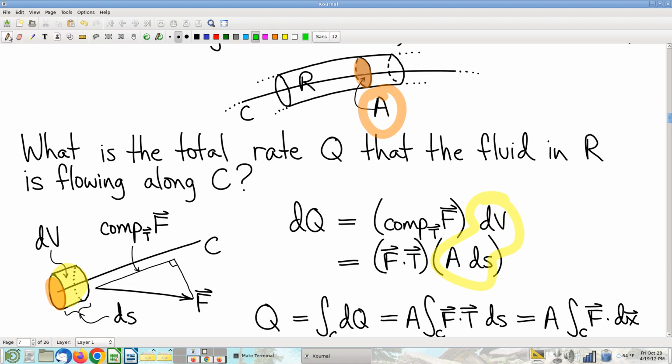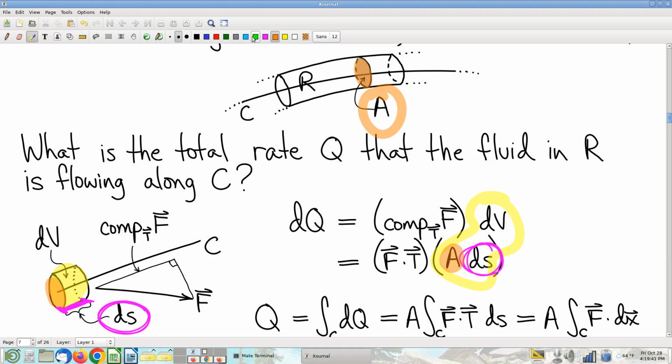Multiply that area times that distance right there, ds. Right, how long along the curve am I looking at this much area? So ds times area gives me volume.